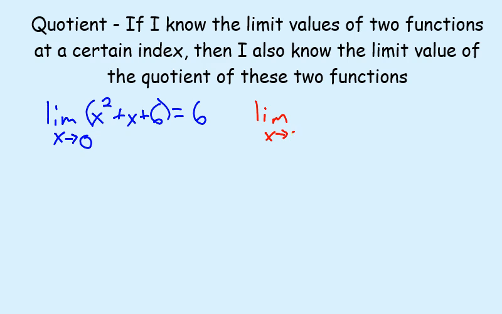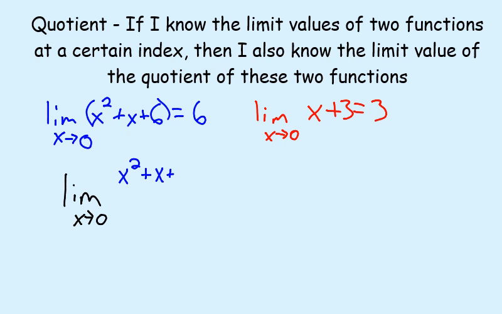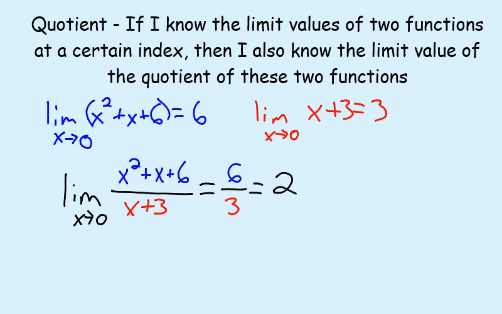And I will also use the limit as x goes to 0 of x plus 3, and this will give me 3. So if I do the quotient of these two functions, as x goes to 0 of x squared plus x plus 6, divided by x plus 3, then my new limit value should be 6 divided by 3, which is 2. And you can try it out and you'll find out that it actually is.